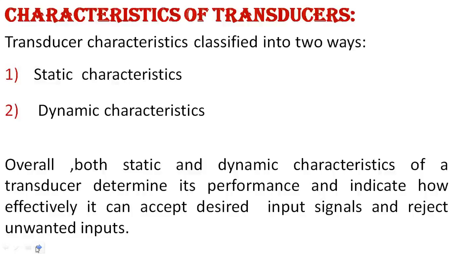When it is constant, we look at the static characteristics of the transducer, and when the given input is variable, varying with time, that is known as the dynamic characteristics. It is also known as transient characteristics, and static characteristics are also known as stable or constant characteristics. These are the two different characteristics we have to see in detail.